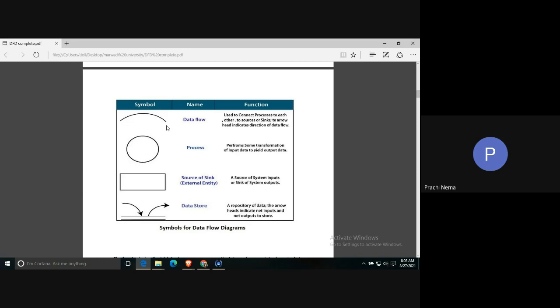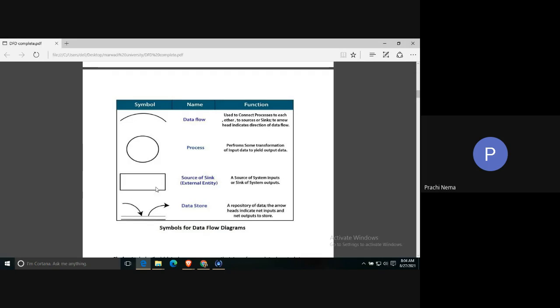Both cases are possible. Then process. A process is represented using a bubble or a circle. If you see a circle in a DFD, that component is representing a process.